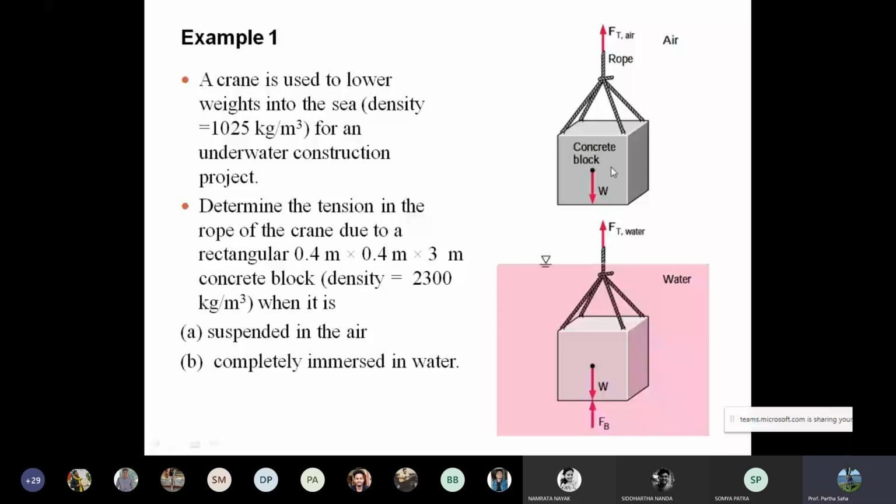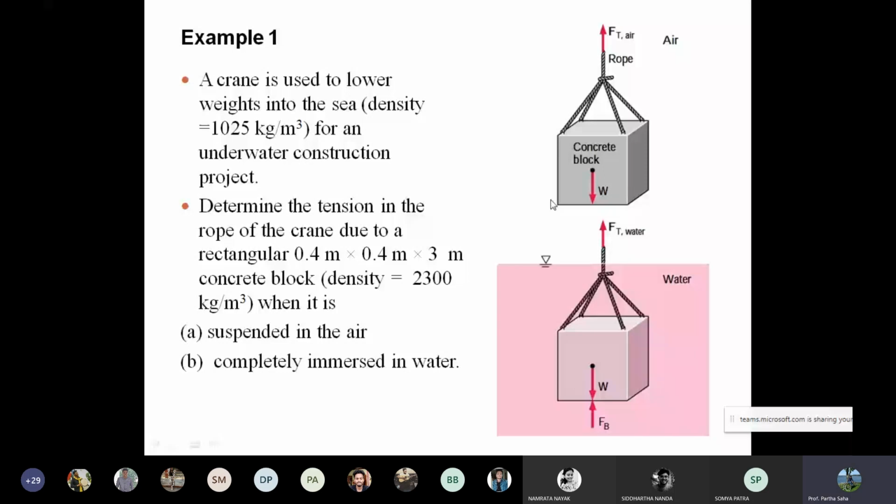The density of the seawater is given as 1025, and the concrete block density is given as 2300 kg per meter cube. You have to determine the tension in the rope when it is suspended in the air and when it is completely immersed in water. Two different conditions are given. So let's look into this.